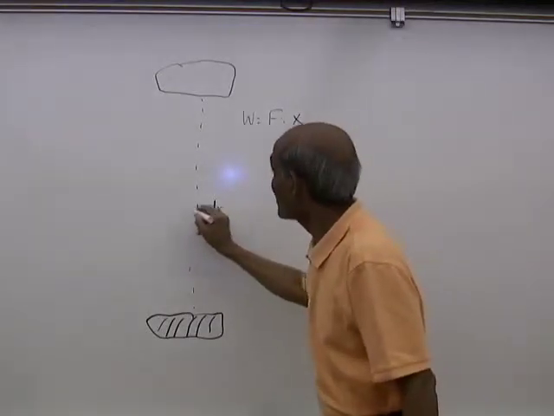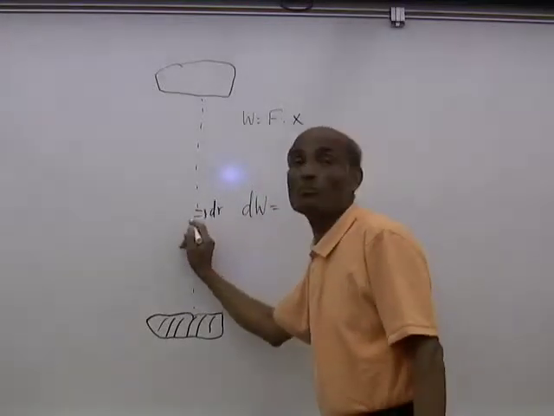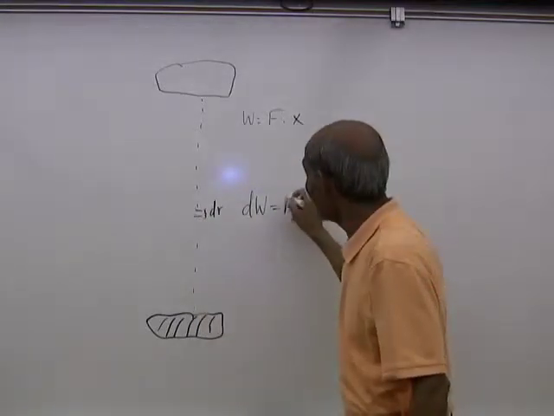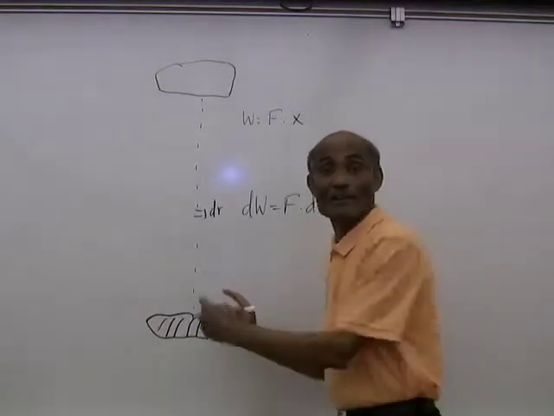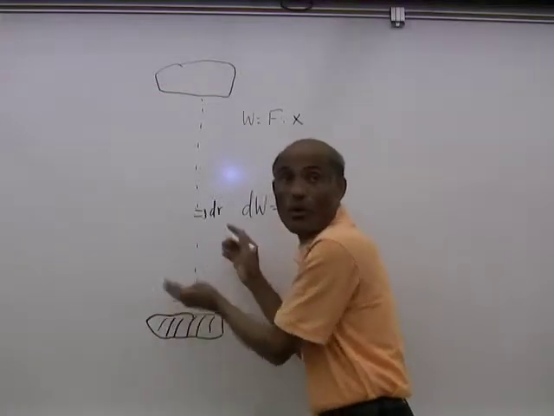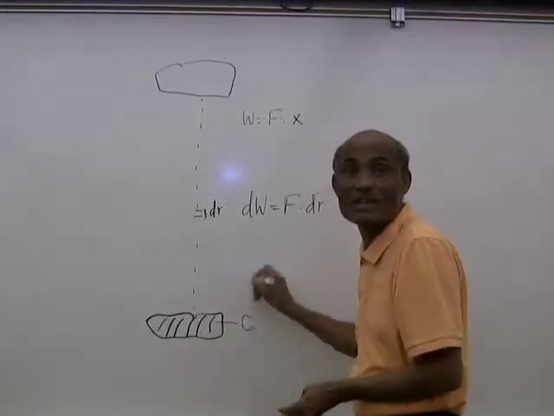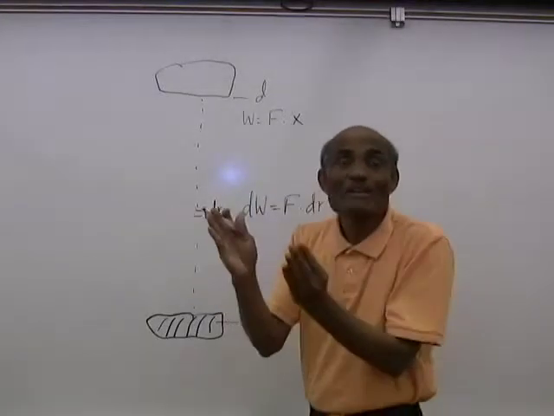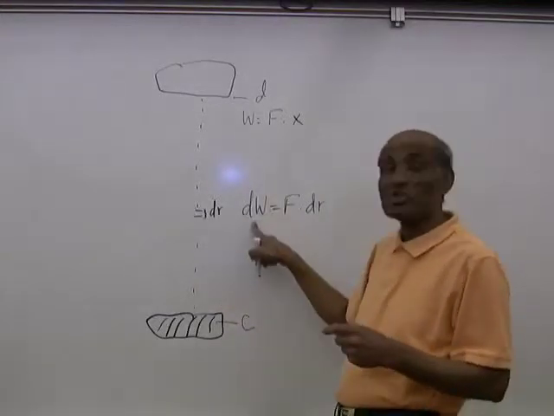And therefore, we can calculate the small work done dW to move that object through a small displacement dr as F times dr. And then you can add all these dW's from, say, h equal to c to h equal to d, and integrate from h equal to c to h equal to d of this dW.